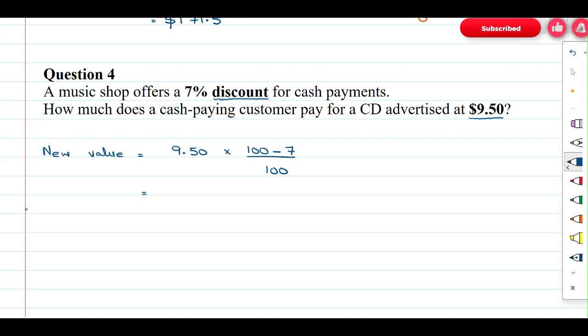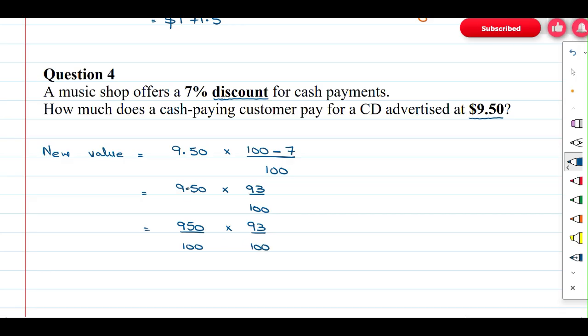Okay, so it is 9.50 multiply, when you do from 100, if you take away 7, it's just 93. So 93 over 100. So this is 950 over 100, or 93 over 100.